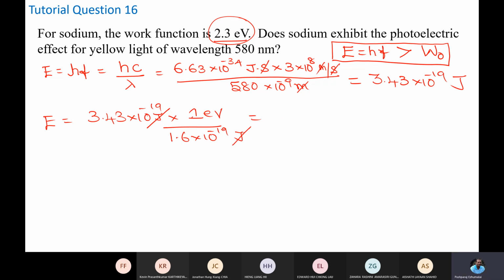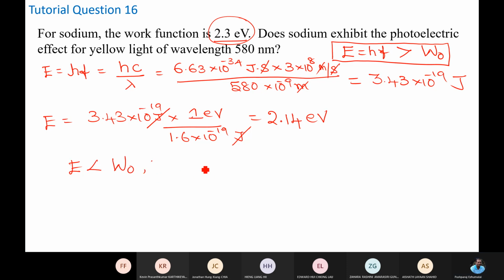Then what is the answer? The given energy is 2.14 electron volt. That means less than. So the energy is less than the work function.